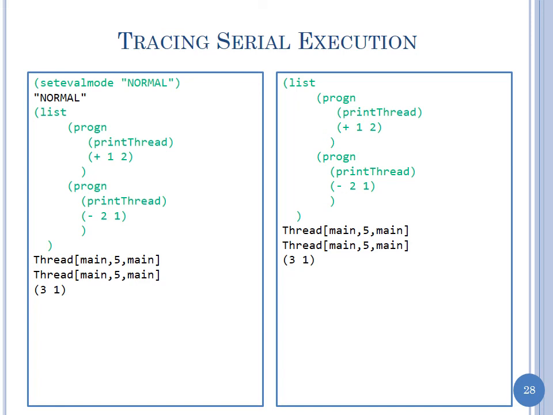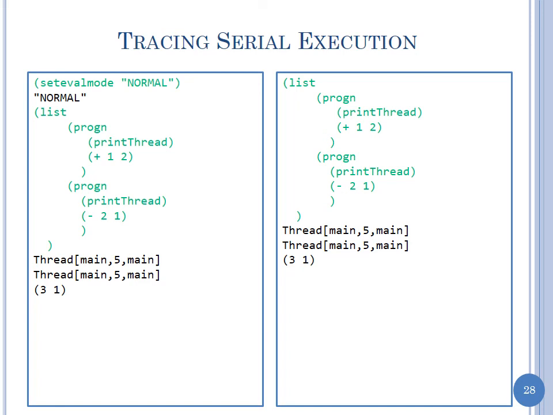Before I do +2, 1 and -2, 1, I print out the threads. I do that once, and I do the same list thing again later. The main interpreter is first told to execute set eval mode normal, then it evaluates this list, then it's told to evaluate the list again. What you expect the output to be in both cases is 3, 1, right? The list consists of +2, 1 and -2, 1, so that's 3, 1.